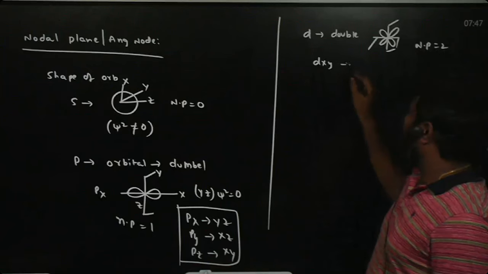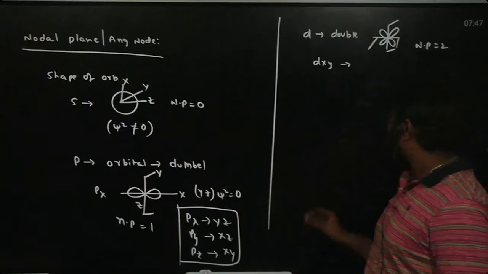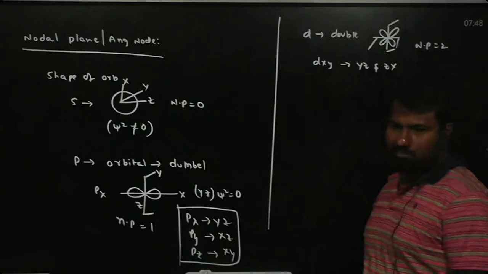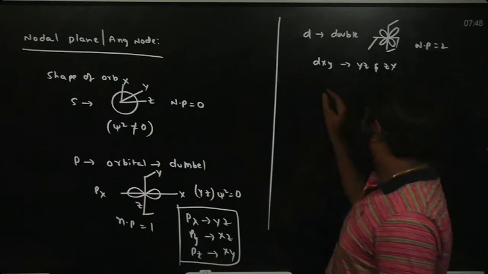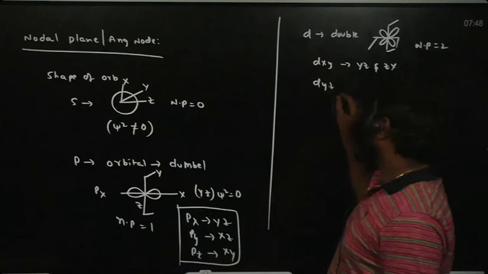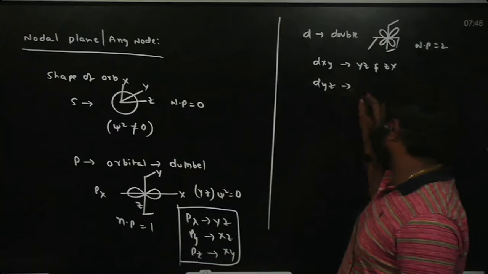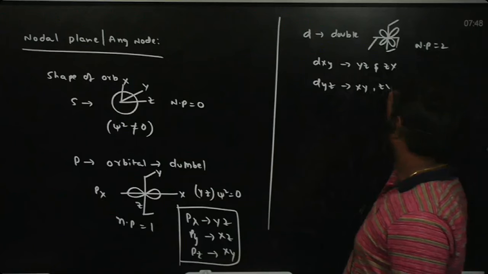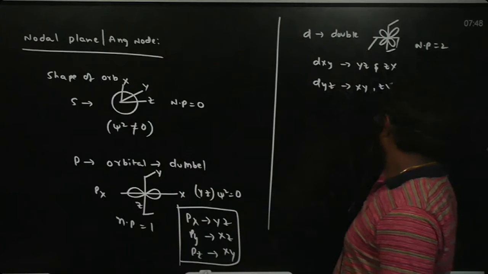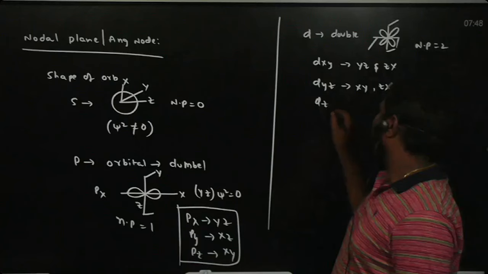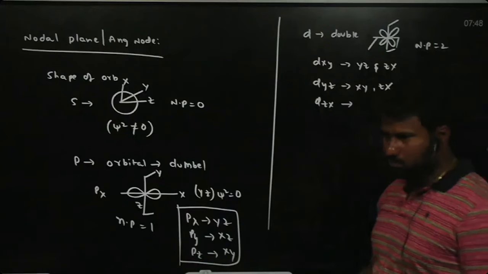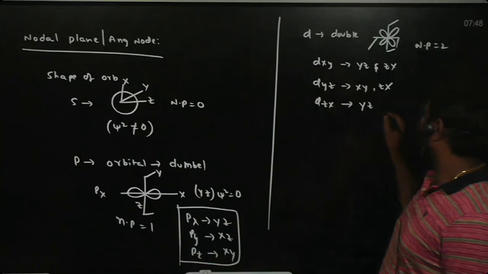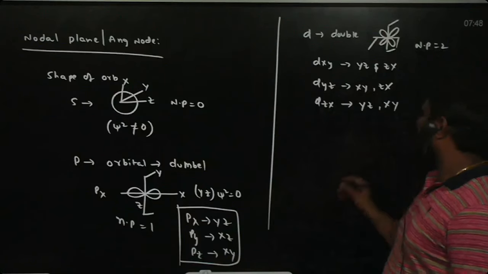For the dxy orbital, how many nodal planes are there? That is yz and zx. Whereas for dyz, write the same way: remove these two and write the remaining combination, xy and zx. For dzx, yz and xy, same thing.